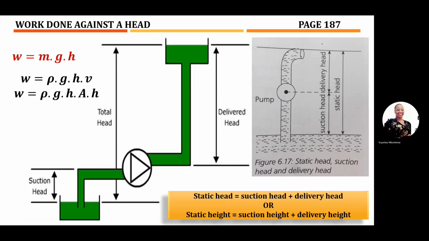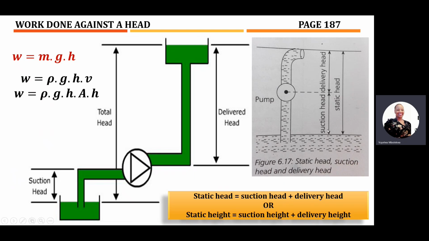Okay. Then the next thing, which is the last thing about hydraulics, is this part of the head. This is the situation where you have, let me say, water at a bottom level in a dam, then you are using a pump to suck the water and deliver it perhaps into a tank. So the total height from the surface of the water to where the water is delivered is called the static head. But the height between the center of the pump and where you suck the water is called the suction head.